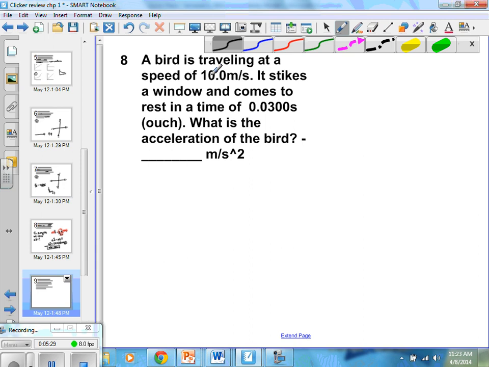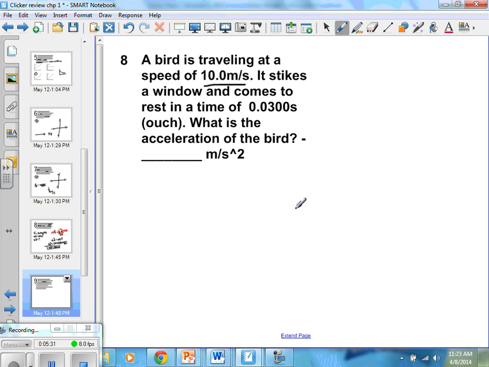Number 8, a bird is traveling at a speed of 10 meters per second. I'm not sure what stikes is, probably it strikes a window though, and comes to rest in a time of 0.03 seconds. So it's traveling pretty darn fast and comes to a very abrupt stop when it smashes into this window. So let's write down what we know.